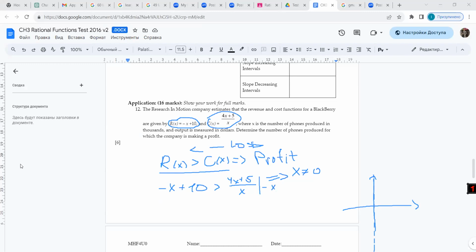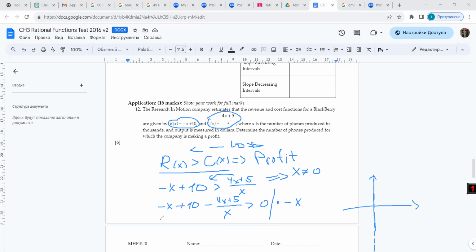Or first thing to do, let's bring everything to the same side of inequality sign. So negative x plus 10 minus 4x plus 5 divided by x greater than 0. Now what I do, I multiply left and right hand side by negative x to get rid of this denominator and also to get rid of this negative sign.